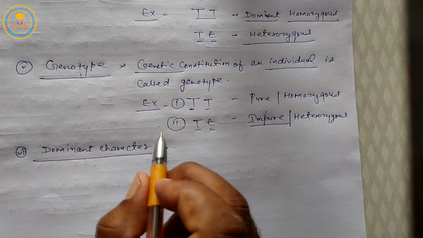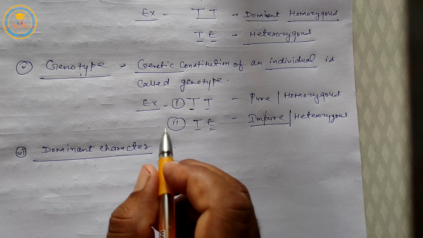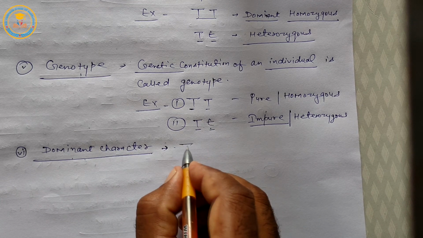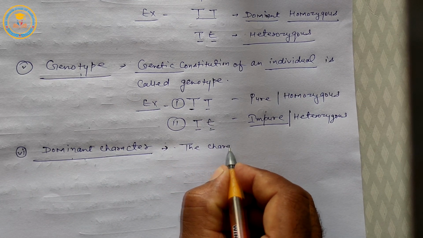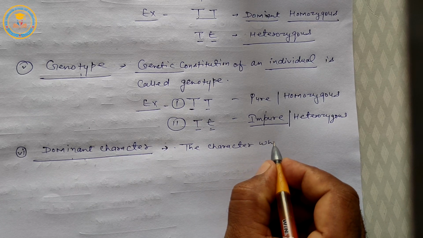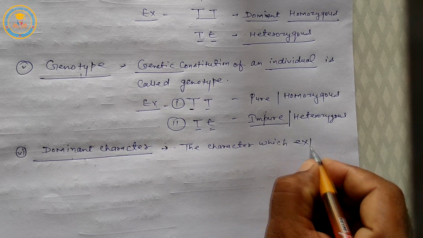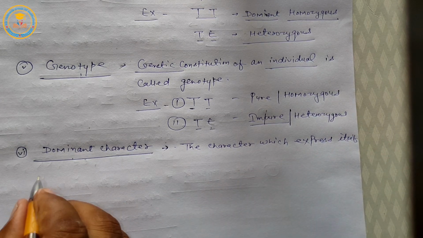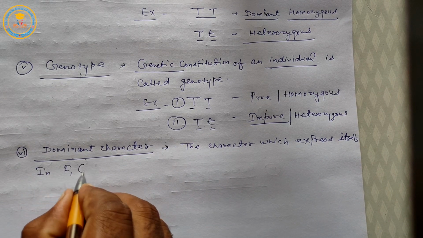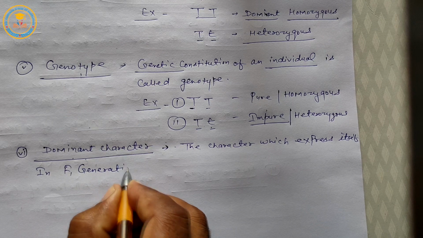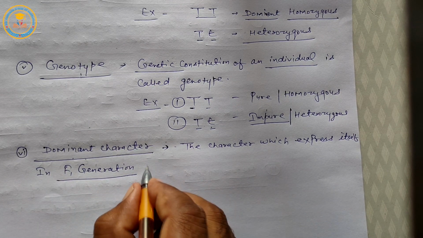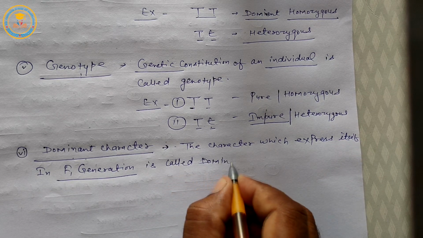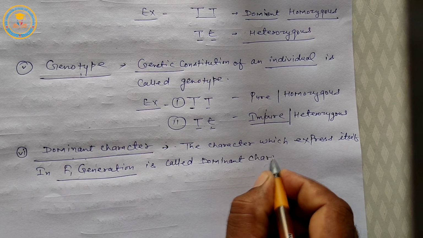According to Mendel, the character which expresses itself in the F1 generation, the first filial generation, is called a dominant character or dominant trait.